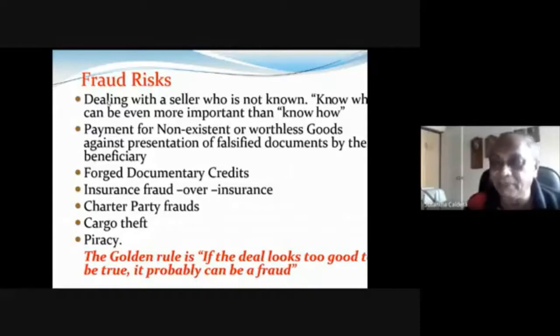Entire ship hire करना है ना, charter party ships. पूरा fraud चलने वाला cargo theft. While in transit, there can be theft in cargo. Piracy. Somalia guerrillas, right?